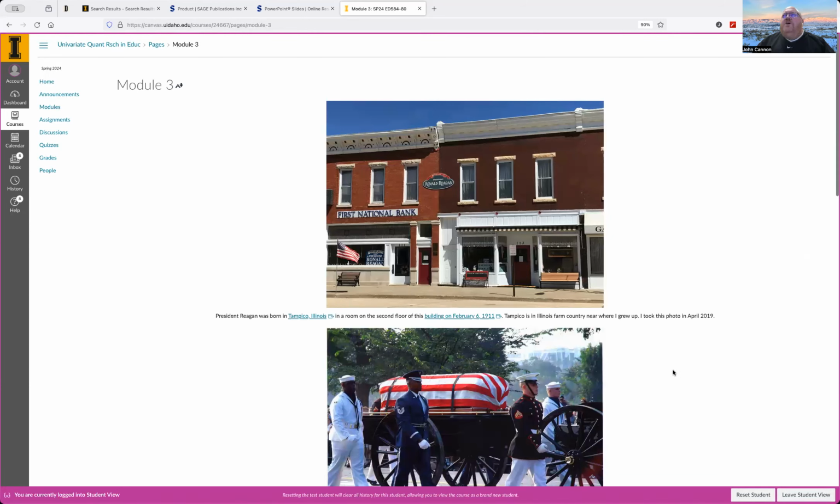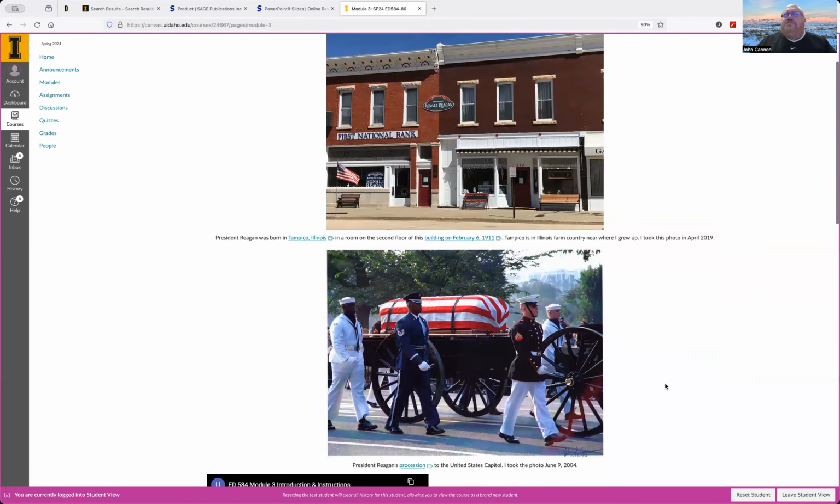And so the photos for this go-around, as we're getting into early February, are very close to the birthday of our 40th president, Ronald Reagan. He was from Western Illinois, like I was, in farm country. He grew up very close to where I grew up. The top photo is of his birthplace, and I took that back in April of 2019.